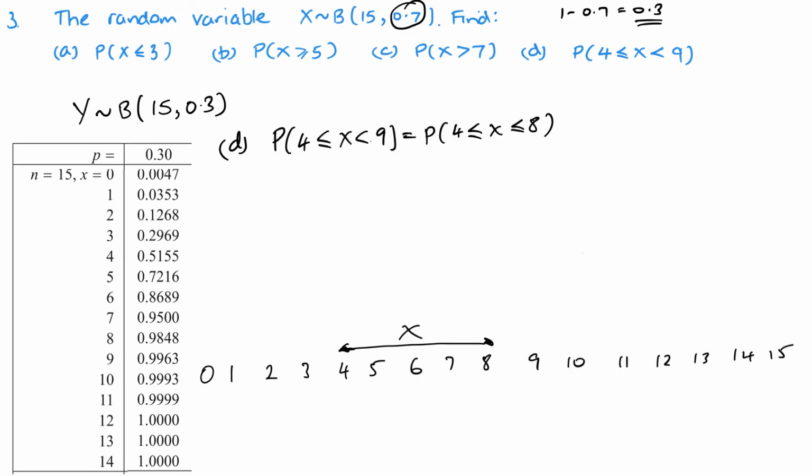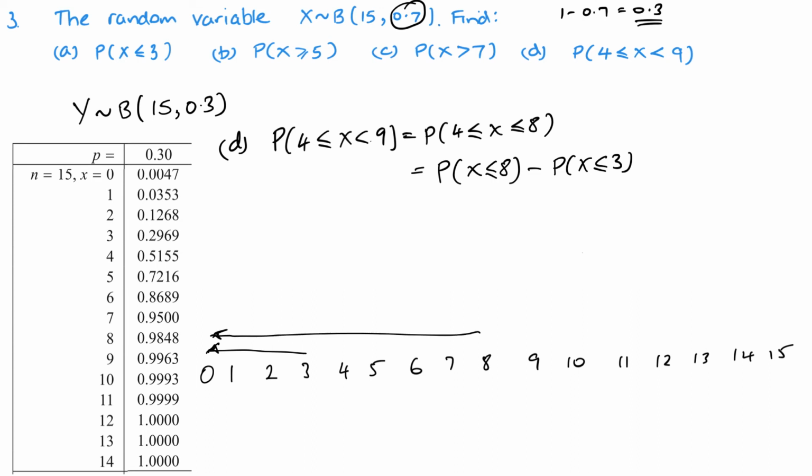So let's do the latter, because what this means is that x is less than or equal to 8 minus the probability that x is less than or equal to 3, because that will leave me with 4 to 8 then. So doing it that way will probably seem a little bit easier. So for my x's, I'm basically looking at this one and this one, aren't I?